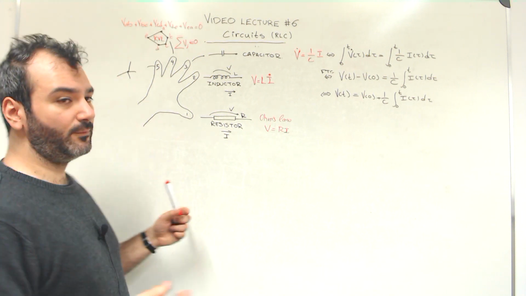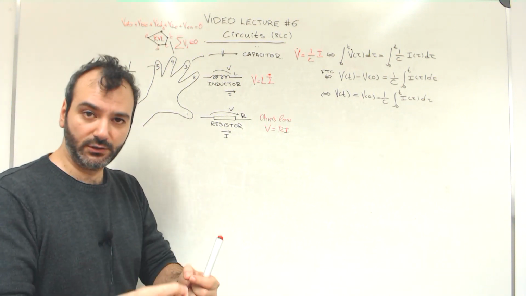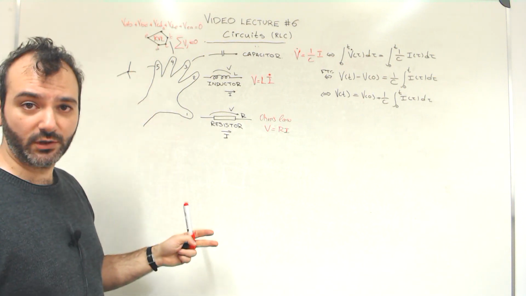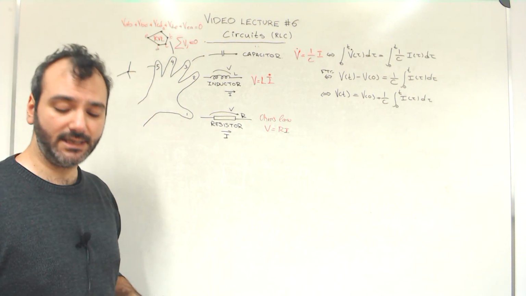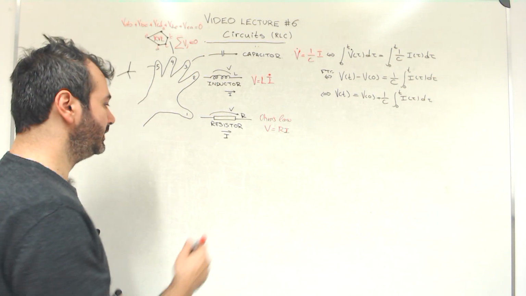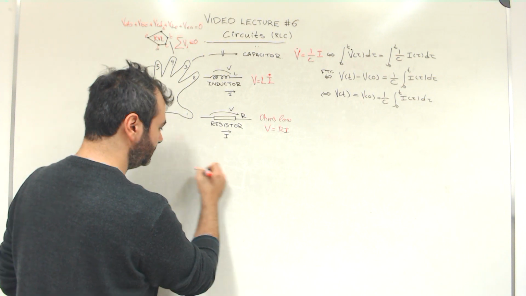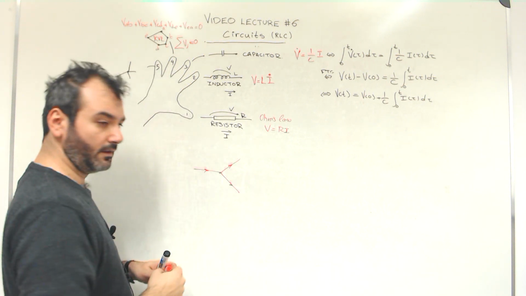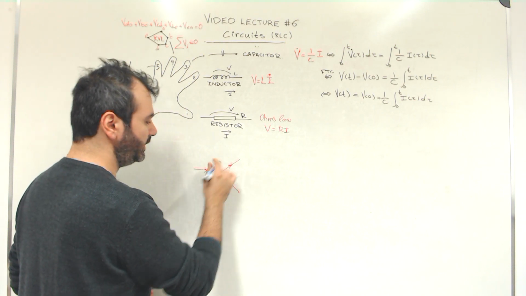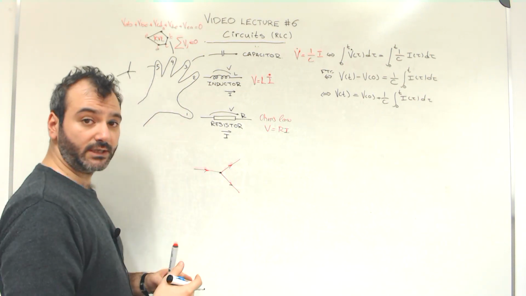Then when you have multiple components connected together, the voltage at this point is of course the same voltage for all components, but we can say something interesting about the current. So take for example a place in your circuit where 3 conductors meet.